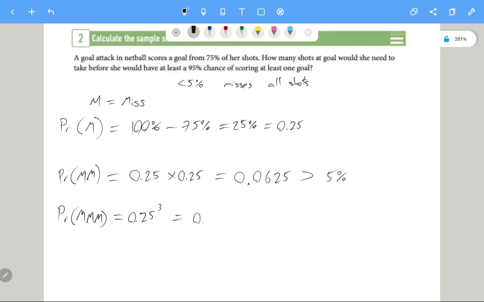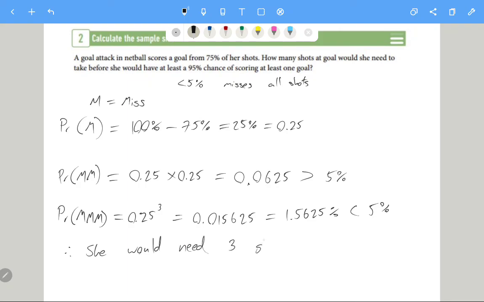And we get 0.015625, which is equal to 1.5625%, which is indeed less than 5%. So therefore, she would need 3 shots to have a 95% chance of scoring at least 1 goal.